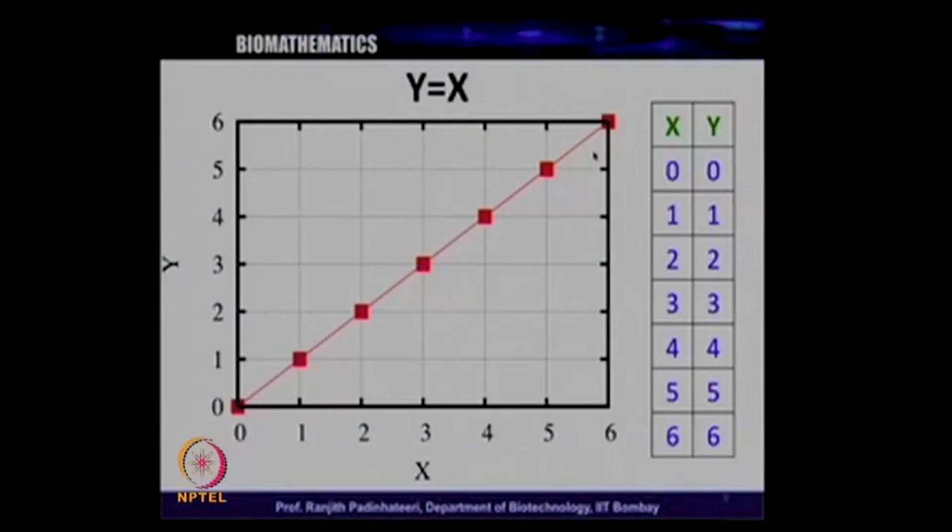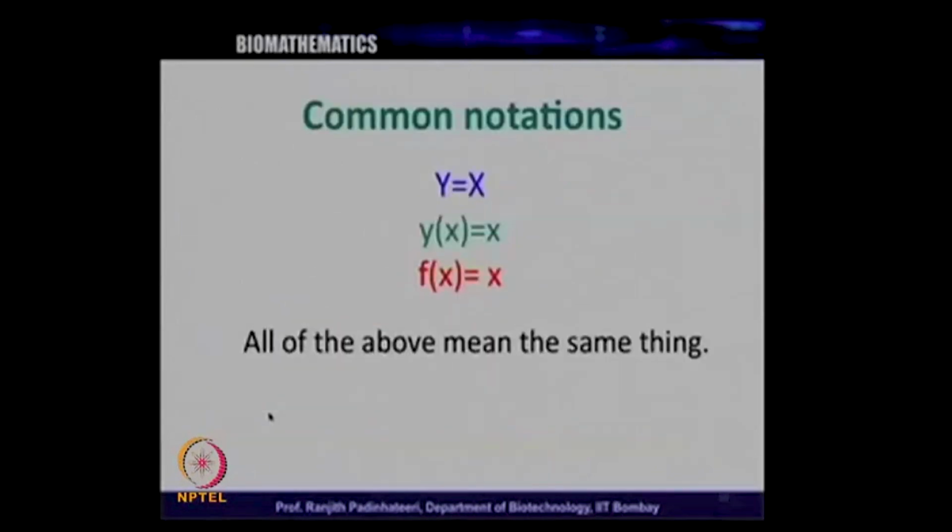So, y equal to x is a straight line. This is the simplest straight line you can think of, y equal to x. As you can see, y equal to x is a line which goes through 0, 0. So, we learn the simplest graph and simplest function. What do we say here? Y is basically a function of x.